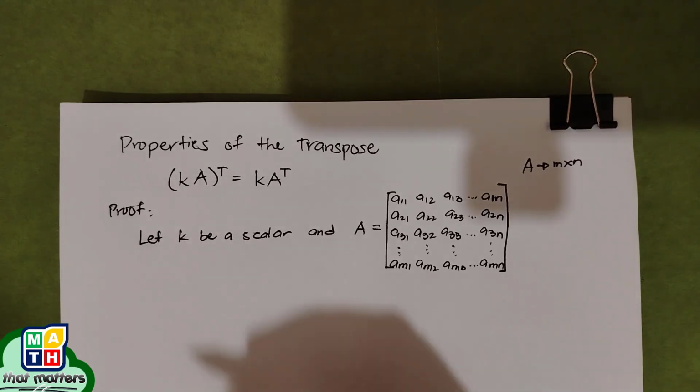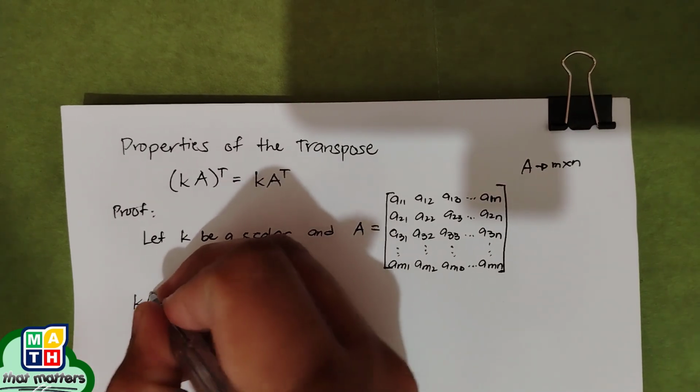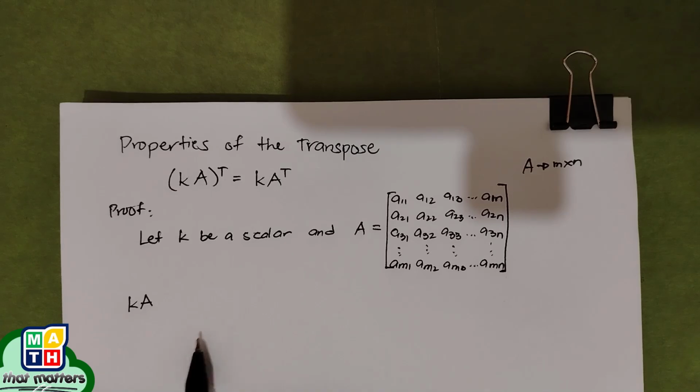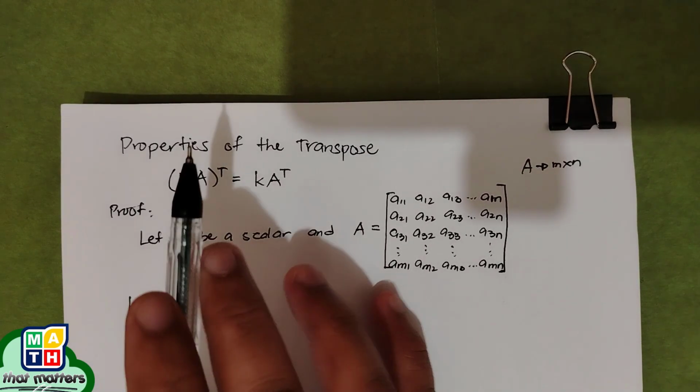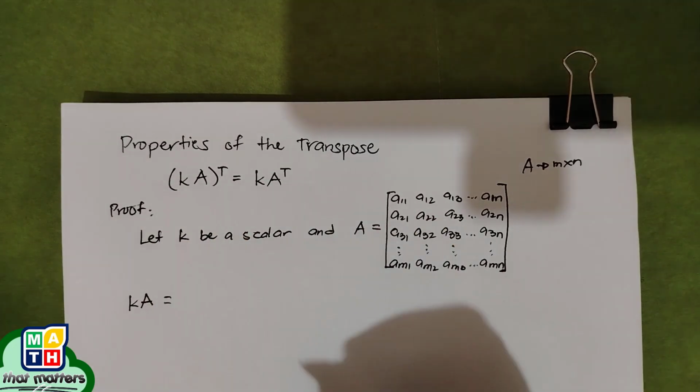We're going to show that from here we can reach this portion. Now let us first get the result of scalar k times matrix A, because the left hand side requires its transpose, so we need to have this form first.